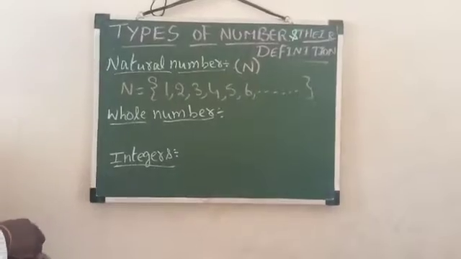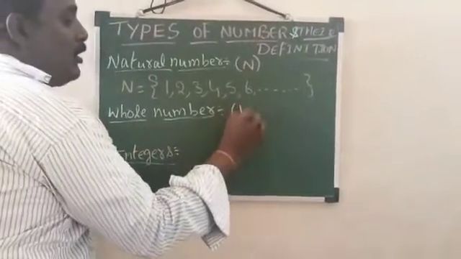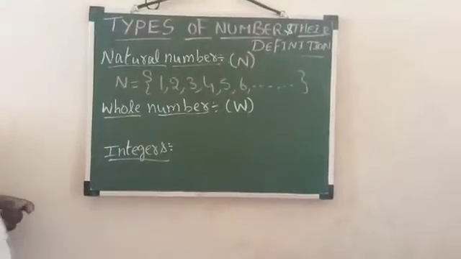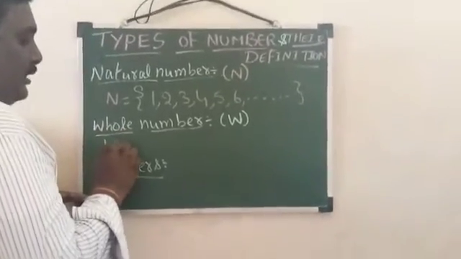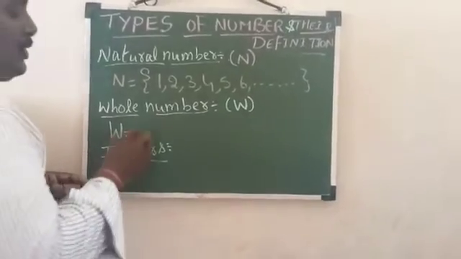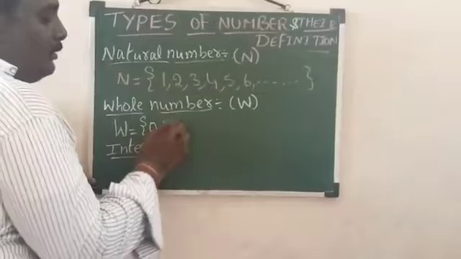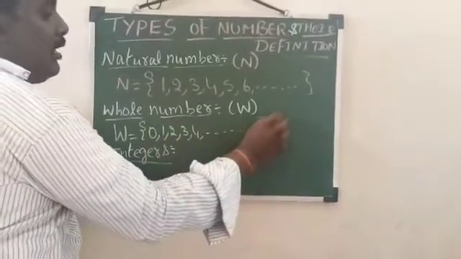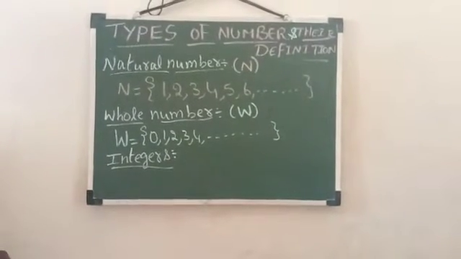Now the second one is the whole numbers, denoted by W. Here we find one prominent thing: the 0 was introduced by the Indian mathematicians. That's why whole numbers start from 0, 1, 2, 3, 4 and so on. Here also we won't find an end, right?